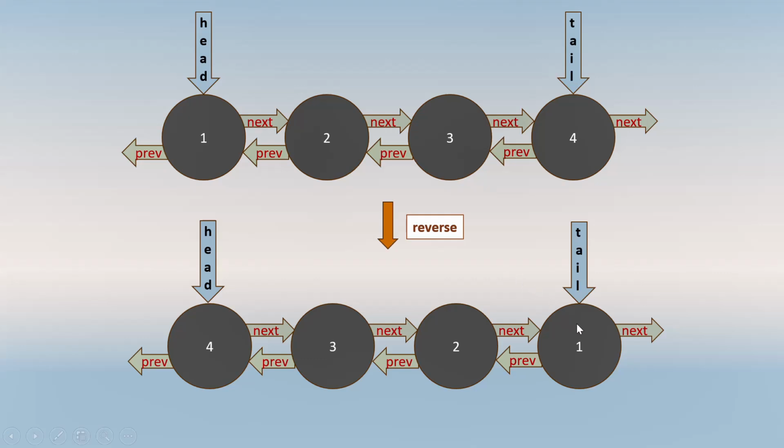If you observe this output now, 1.previous is 2, 2.previous is 3, 3.previous is 4. Similarly, when we interchange the previous and next pointers, the next of node 4 will point to 3. Currently the previous pointer of node 4 is pointing to 3, but if we interchange the pointer positions of every node, then node 4's next will point to node 3, 3.next will point to node 2, and 2.next will point to node 1.